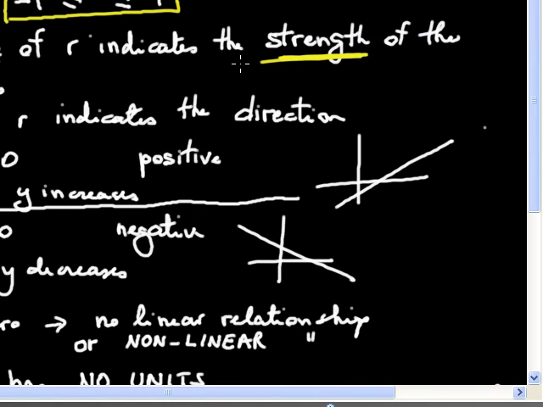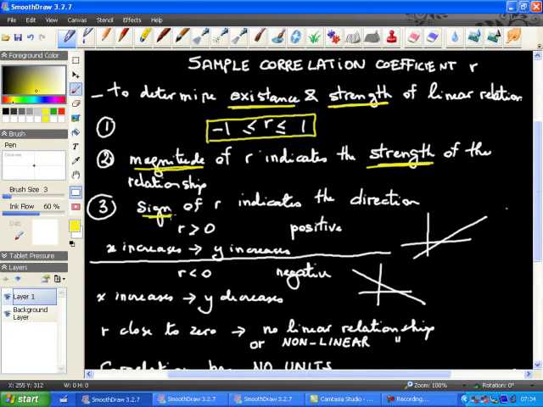So generally, a value between -0.6 and -1, or between +0.6 and +1, indicates strong relationships. The sign of R indicates the direction. If R is greater than 0, the direction is positive and the line is slanted this way, so it forms an acute angle with the positive direction of the x-axis.